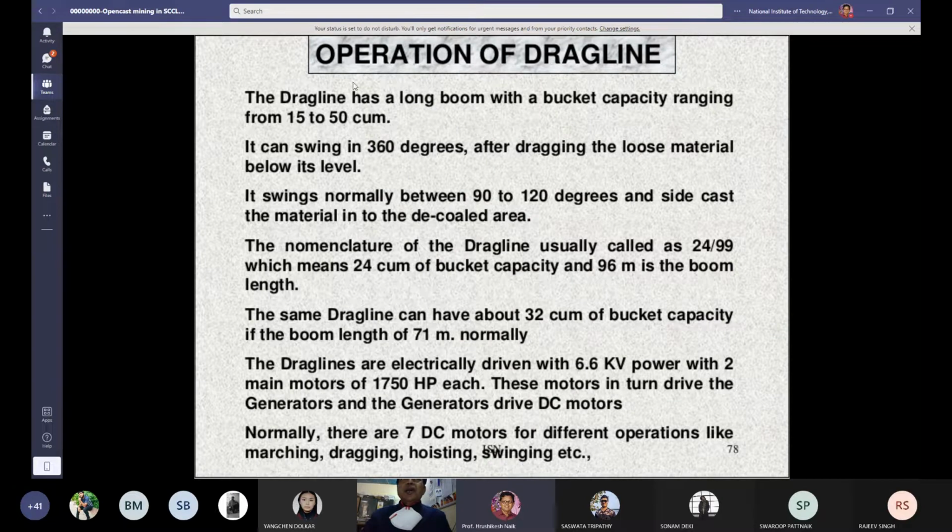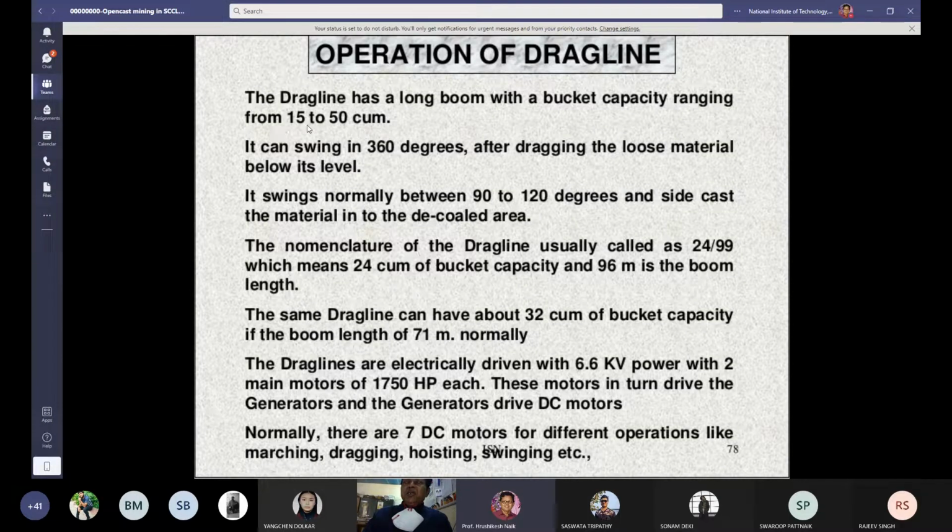So the dragline is having a very big boom length. The dragline has a very long boom with a bucket capacity ranging from 15 cubic meter to 50 cubic meter. Draglines are also available with 50 cubic meter bucket capacity.